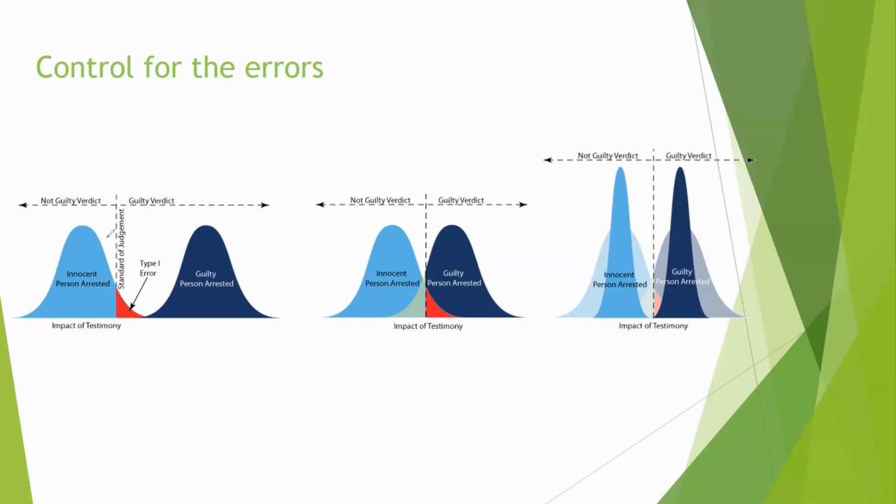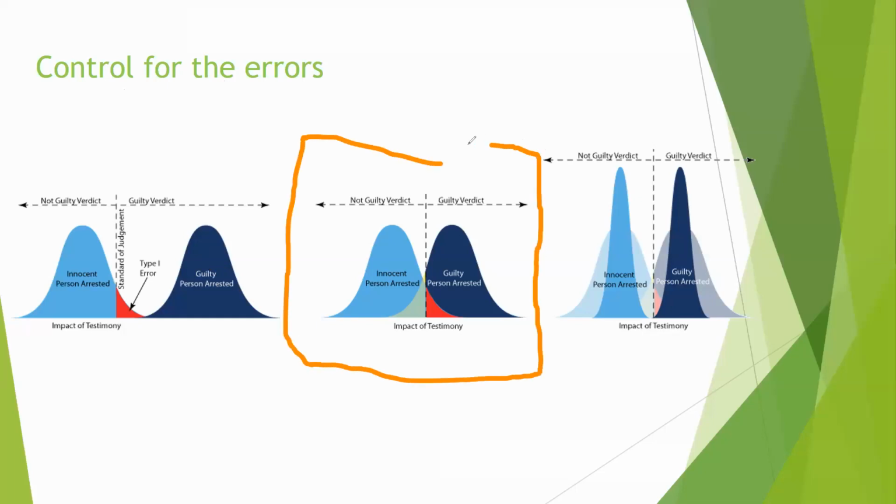So, for example, this is the original test. We are comparing the null distribution with the alternative distribution. One thing, if you do not want to change your alpha, the type 1 error, how can we increase the detection power?